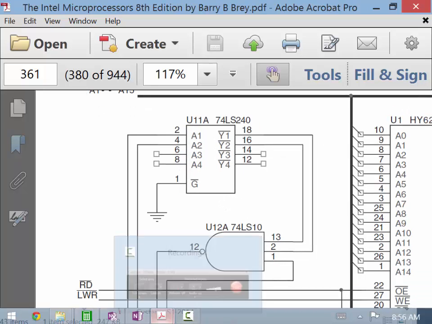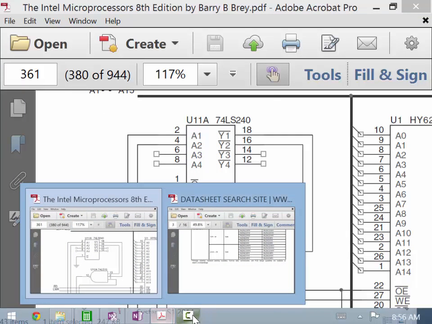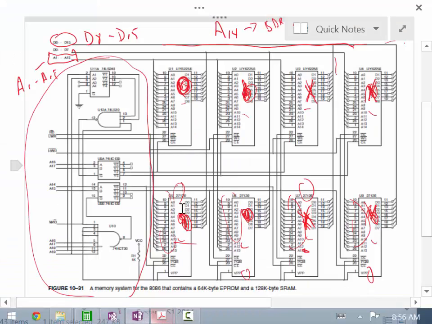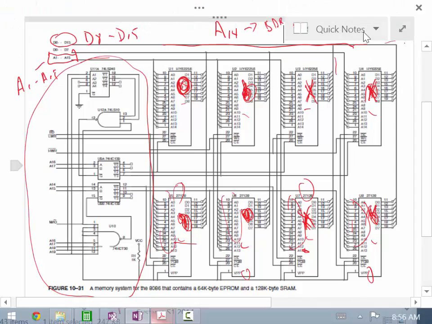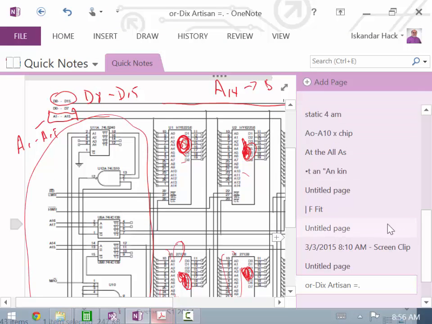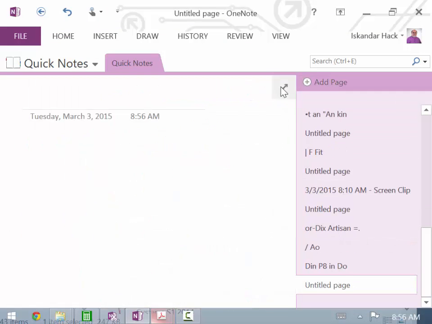So, right here, let me go back to my, right here. And you know what I'm going to do is let me do a new page right here.